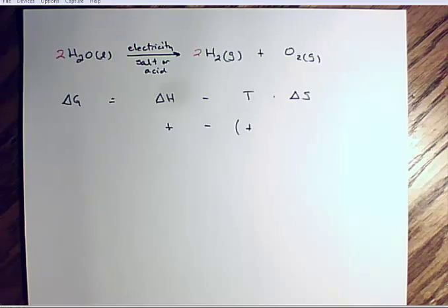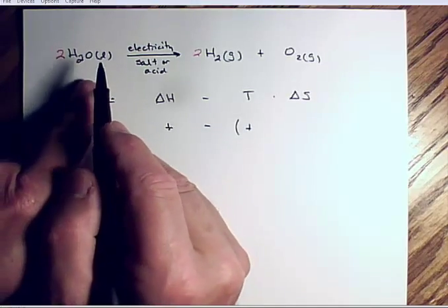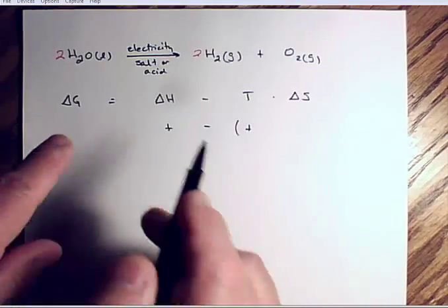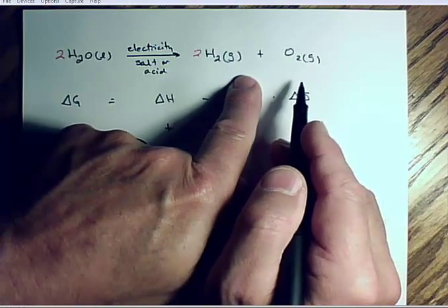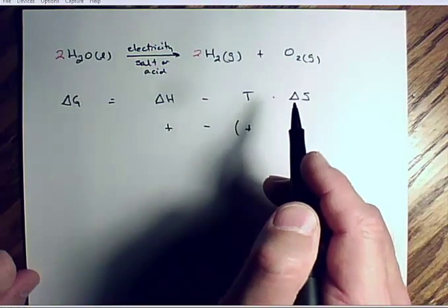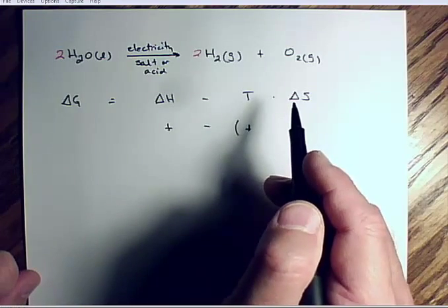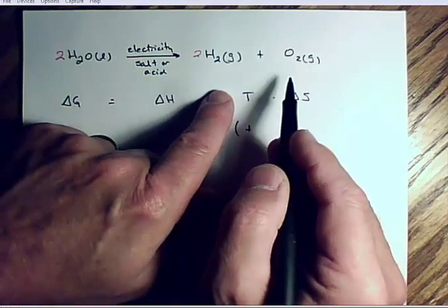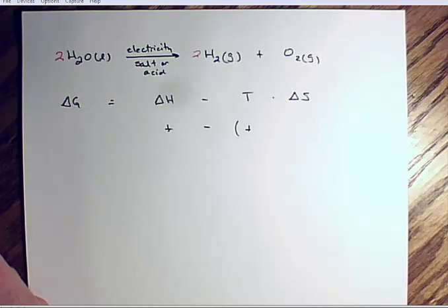Can anybody tell me whether they think it is more disordered as they go from this side to this side or less disordered? All right, you're saying less as you go from here to here? Anybody disagree with that? You disagree? Why do you think it's more disordered? Because it's more oxygen.